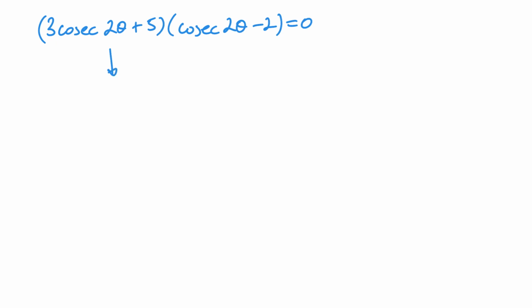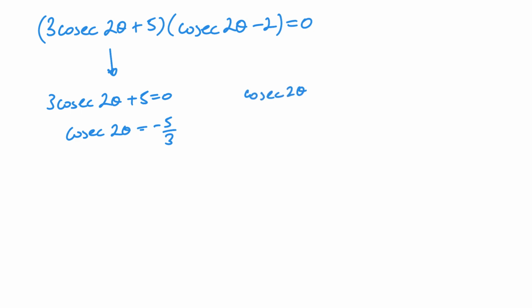So from here we have 3 cosec 2 theta plus 5 equals 0, so cosec 2 theta equals minus 5 over 3. And the other one would be cosec 2 theta minus 2 equals 0, or cosec 2 theta equals 2. Remember, cosec is 1 over sine.